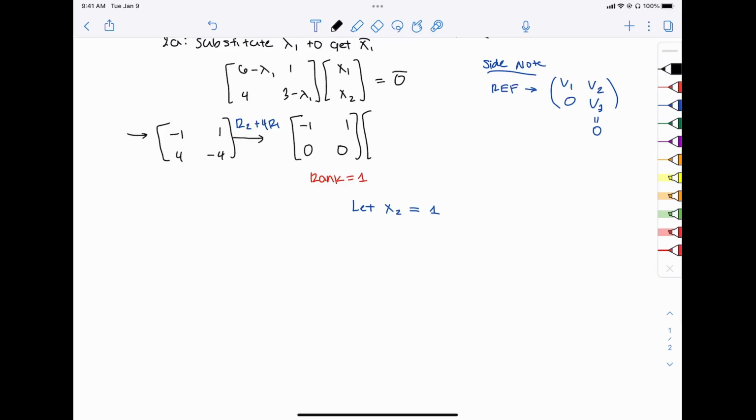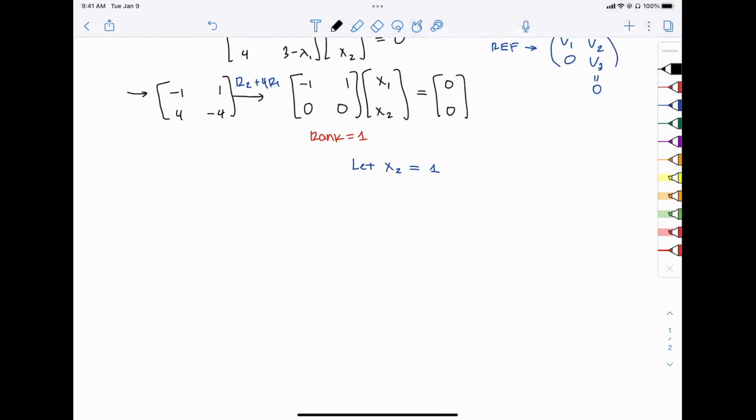It's easier to notate. But you can always add it back on after you get your constants here into row echelon form. So then you just add it back on. And then also remember the 0 vector is simply just that. Okay, and then we said we're going to let x2 equal 1.